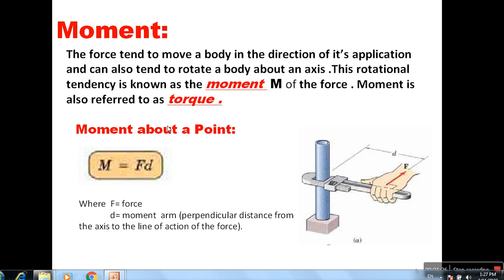Now the moment about a point equals Fd, where F is the force and D is the moment arm.